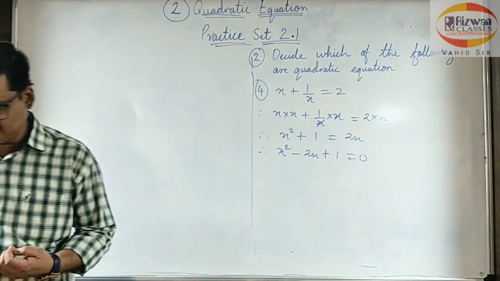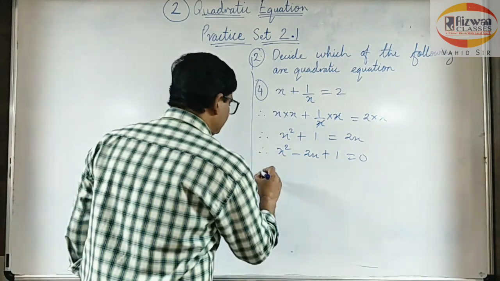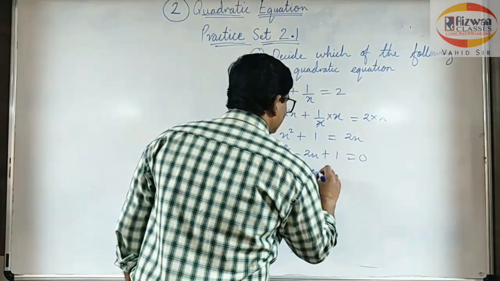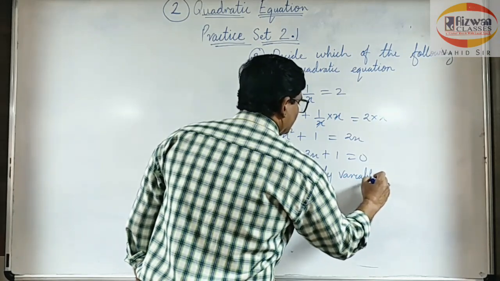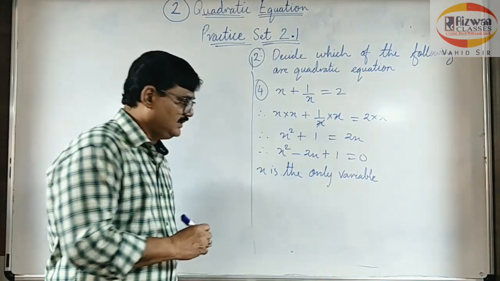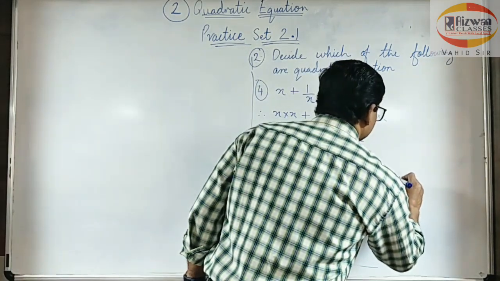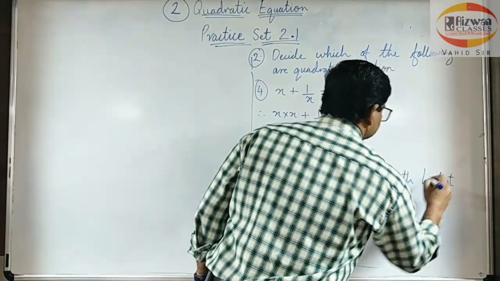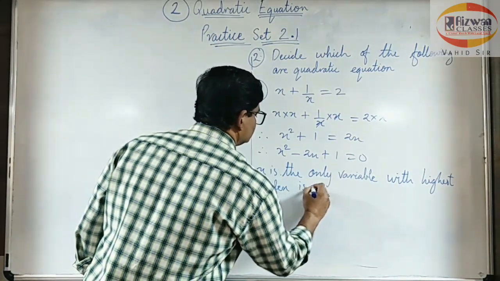So I have to write the same thing over there. Which variable is there? x is the only variable. Here I have written: x is the only variable with highest index 2.